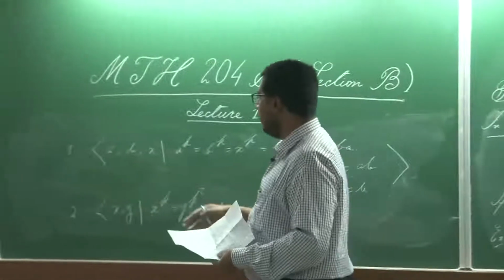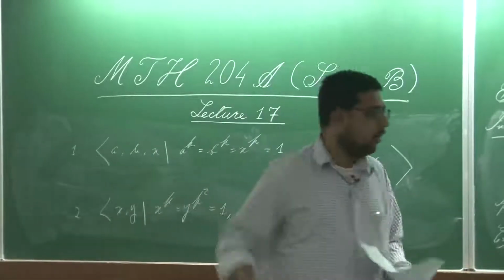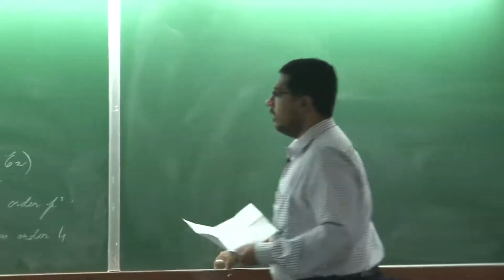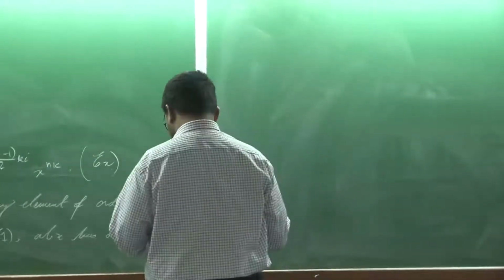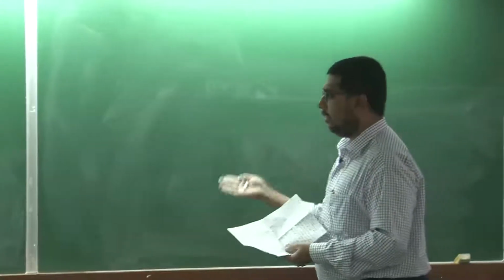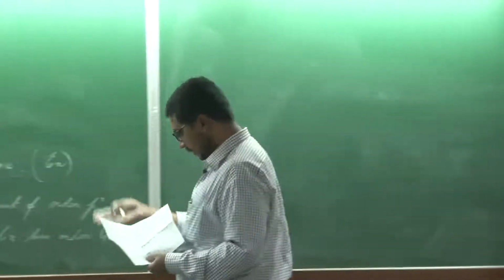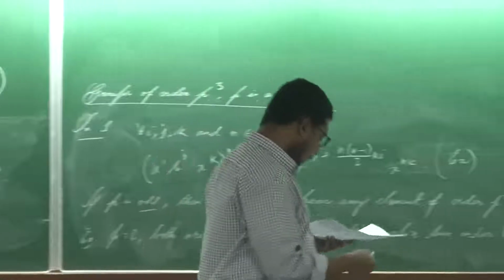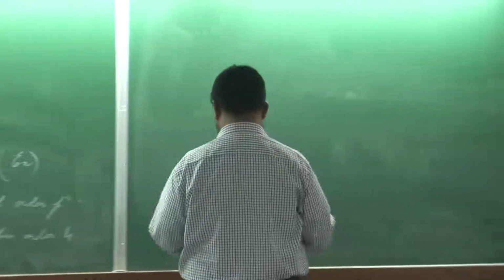Again, let me remind you that the uniqueness part is already done. So if I can show that, let me do it here, it will be easier for you to understand when I explain further. In order to show that any nonabelian group of order P cube, when P is an odd prime, is isomorphic to one of these, we need to do some work and make some observations.